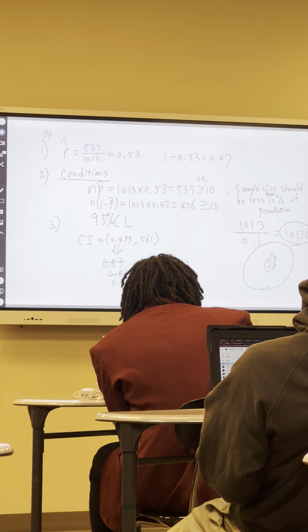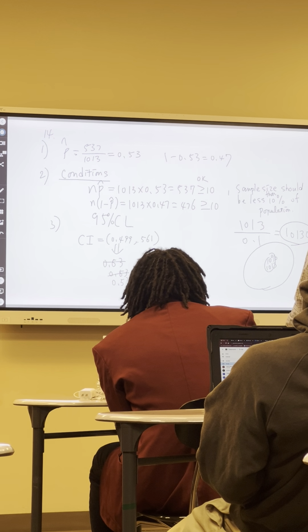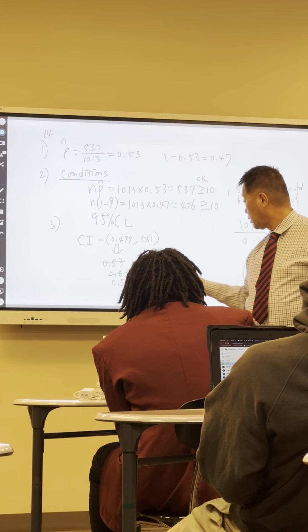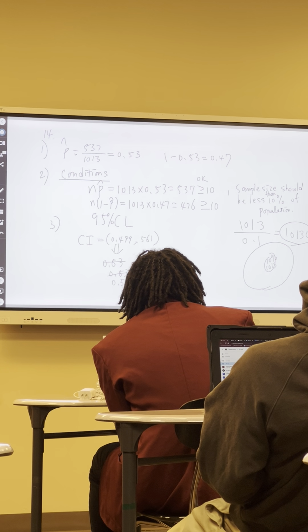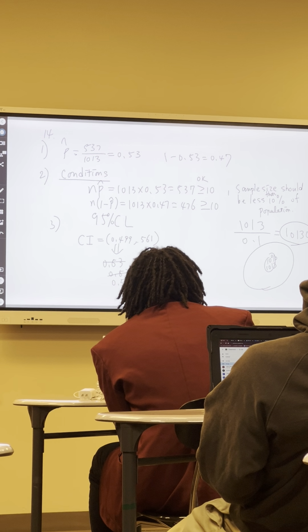When you check the conditions, you gotta do 1 minus P as well, this number, 0.47. Remember the binomial distribution? N times P is the mean.